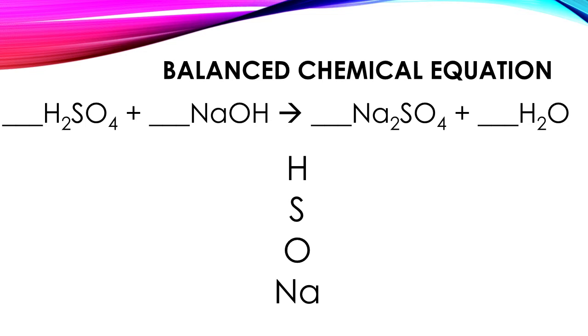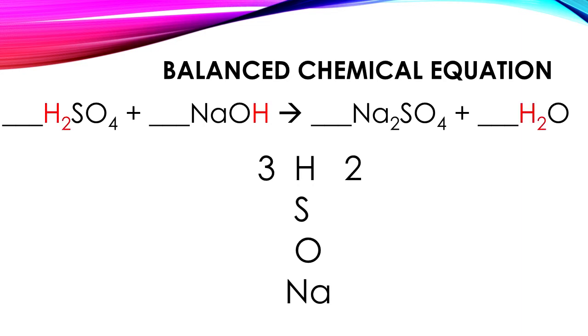So that way you don't have to write them down twice. And I just think it's easier to keep track of things if I write it down once than have two different columns for my atoms. And so what we're going to do is we need to figure out how many atoms of each element we have on each side of the chemical equation. And so let's start with hydrogen.